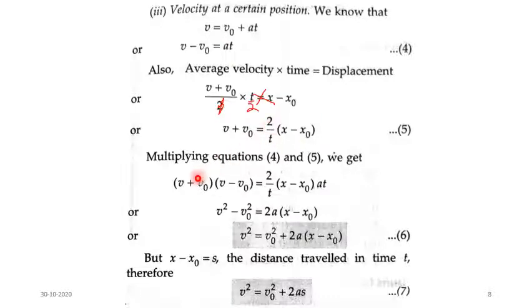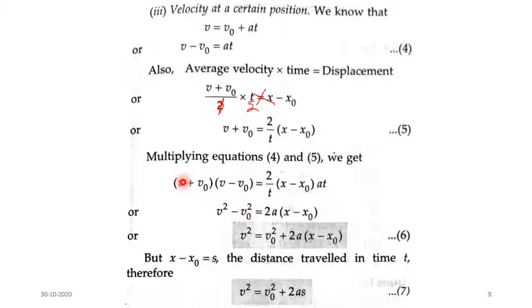So on the left hand side I have v plus v naught and v minus v naught. On the right hand side I have 2 by t times x minus x naught, times at. Here I can use my x square minus y square relation: x plus y and x minus y should give me x square minus y square.